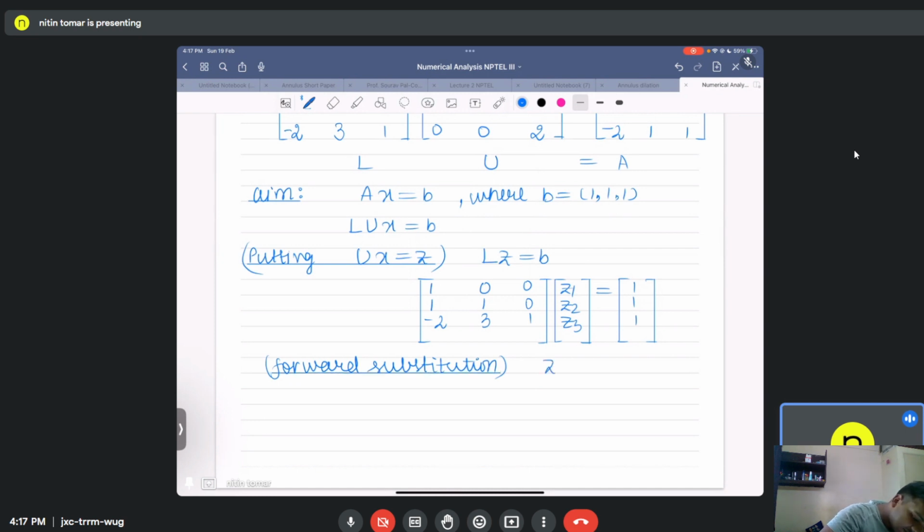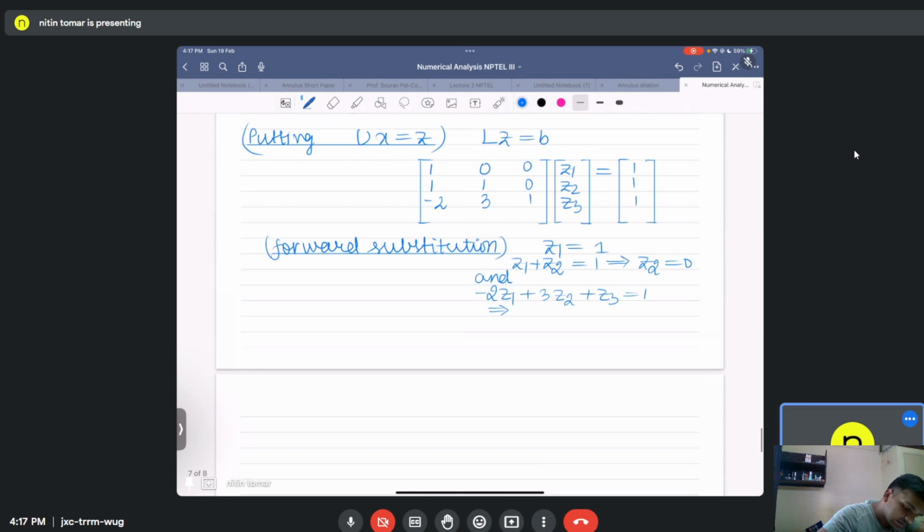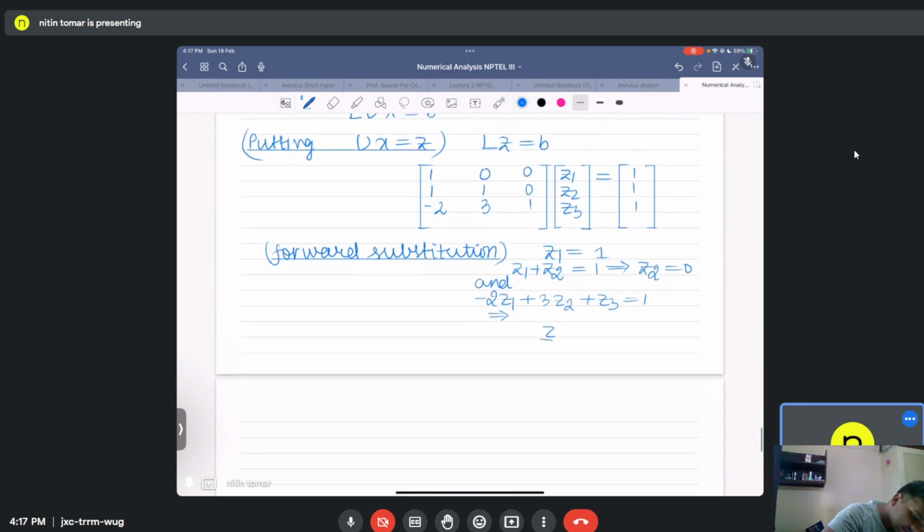So it will imply z1 equal to 1, then z2 equal to 0, right? Yes, sir. Because you will have z1 plus z2 equal to 1, which implies z2 equal to 0. Z3 is from minus 2 z1 plus 3 z2 plus z3 equal to 1. So this will give z3 to be 3, right? Yes.